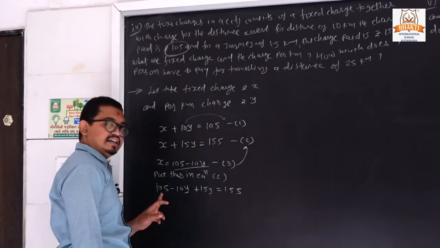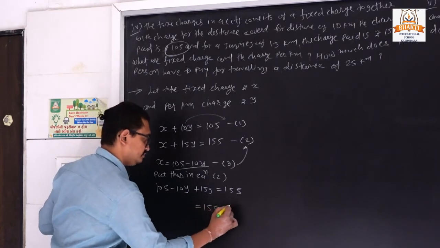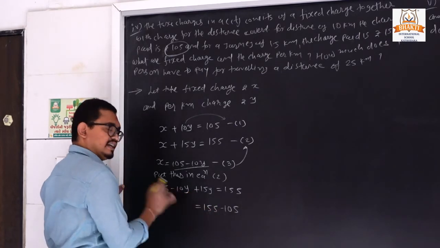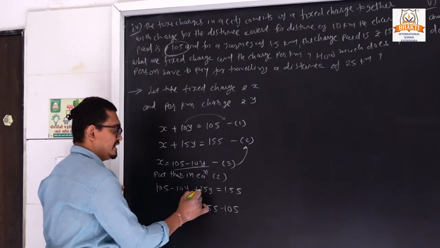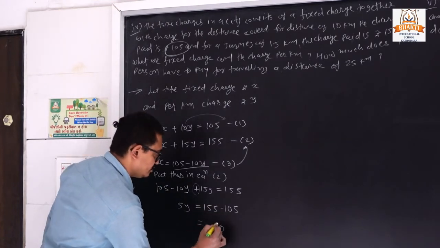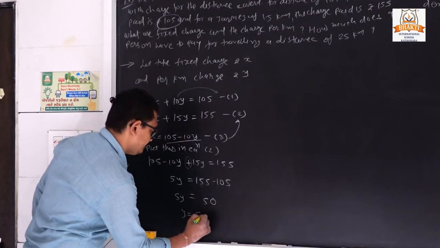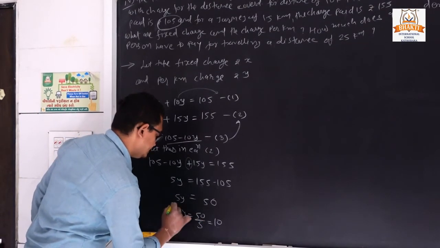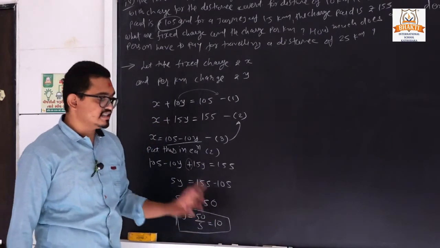This 105 is going to the second side, so it becomes minus. 15 minus 10, so it is 5y, and here 15 has a greater number, so we are using plus sign. So here 50. So what is y? 50 divided by 5, so it is 10. Clear? It means what? Per kilometer charge is 10.